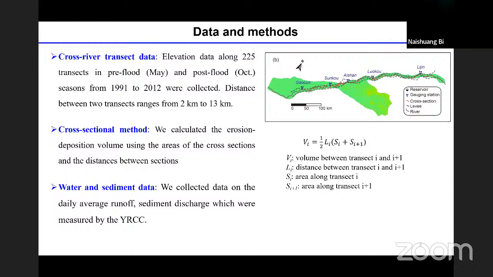We calculate the erosion and deposition volume using a cross-sectional method based on the area of cross sections and the distance between sections. This is the formula. It's a very simple formula, but it's also the only method we can use. We also collected data on the daily average runoff and sediment discharge, which were measured by the YRCC as well.